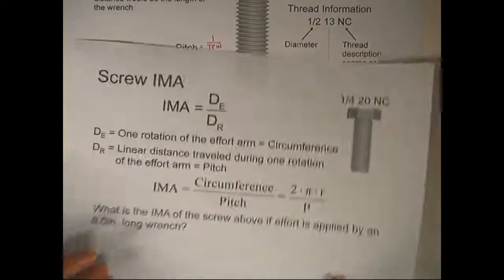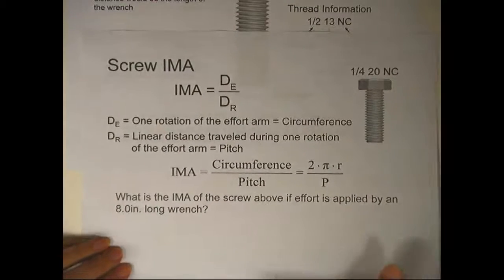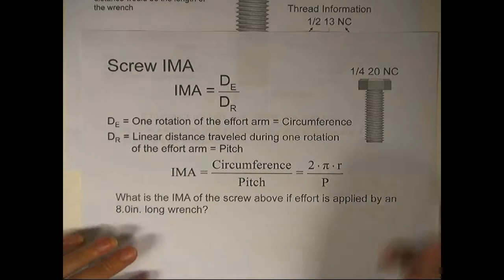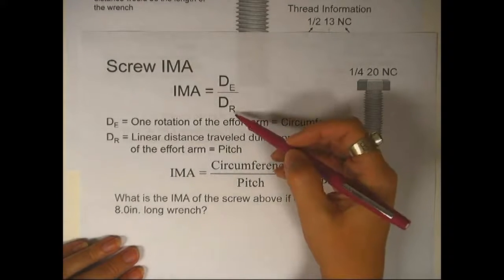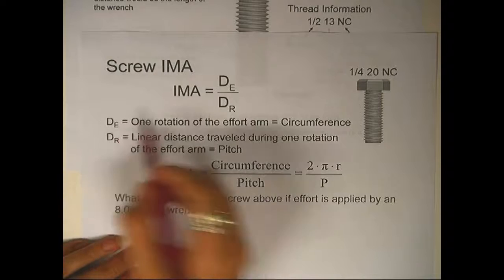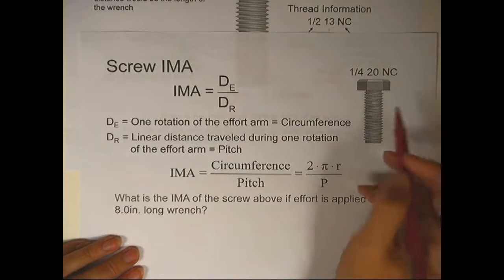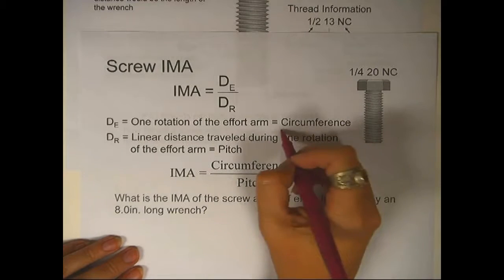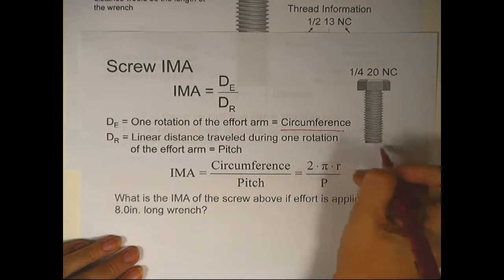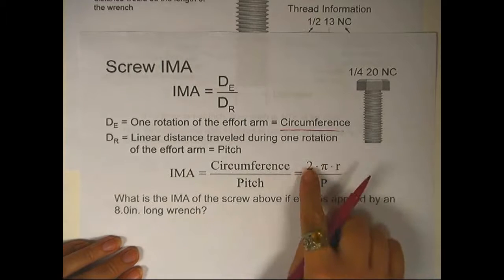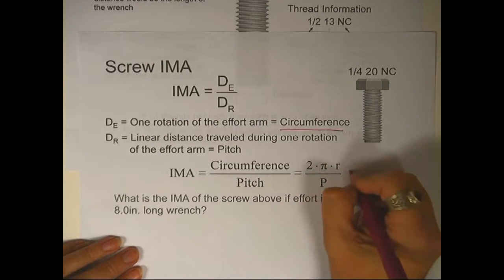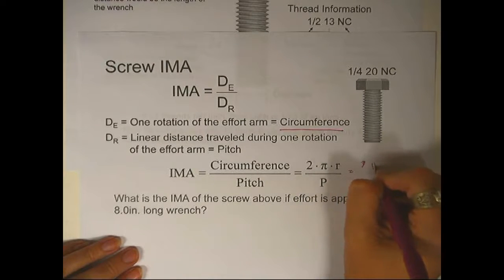So I'm going to leave this where we can see that part right there while we look at our IMA. So again, it's DE over DR. Well, our DE is 1 rotation. If I turn it 1 time, how far does it go? Well, it goes the circumference of this bottom part here. And our formula for circumference is 2 pi r, or we can think about it as pi d.